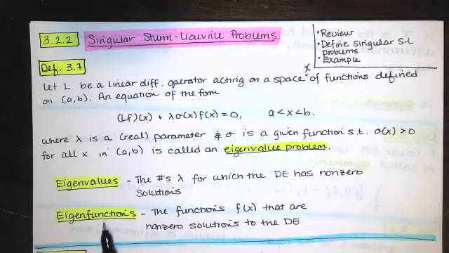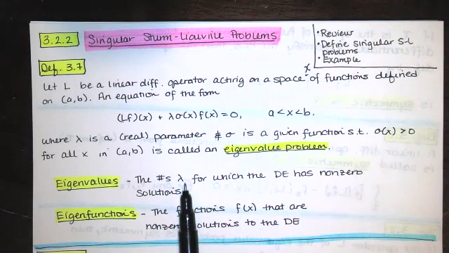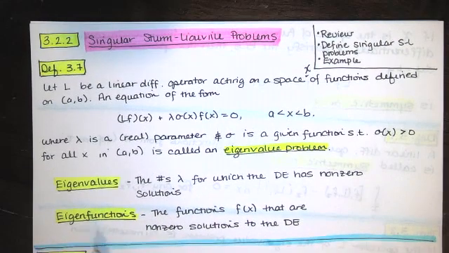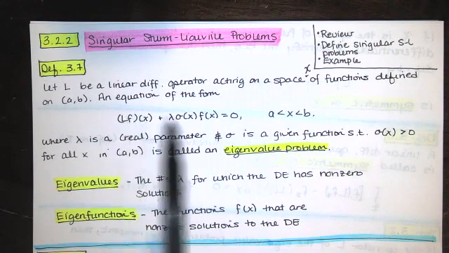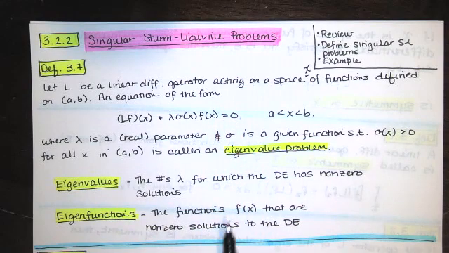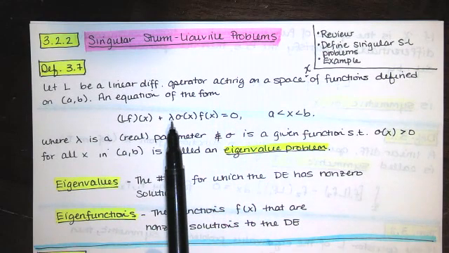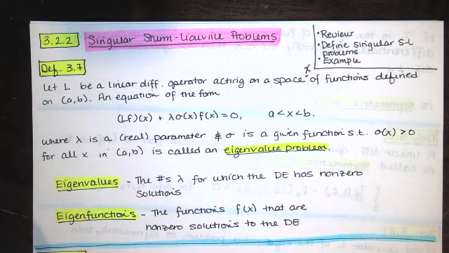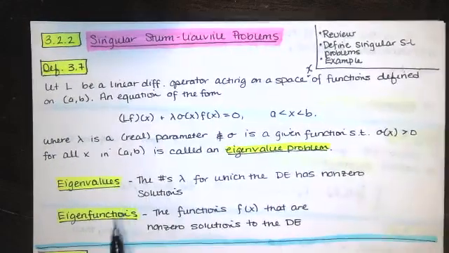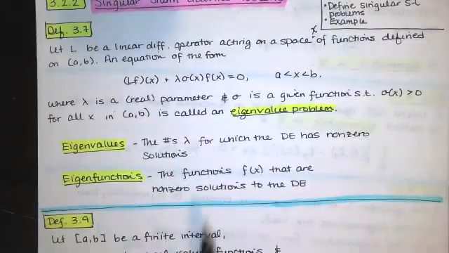And the corresponding functions, those non-zero solutions to the differential equation, are called eigenfunctions. So we're looking for a set of functions that satisfy the differential equation for certain values of the parameter lambda, and lambda is just a real number in our case. Okay, so that is an eigenvalue problem in general.